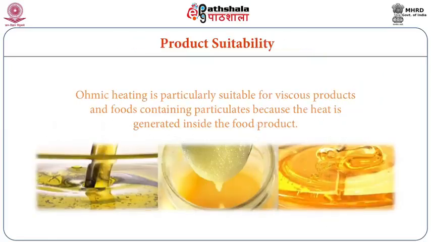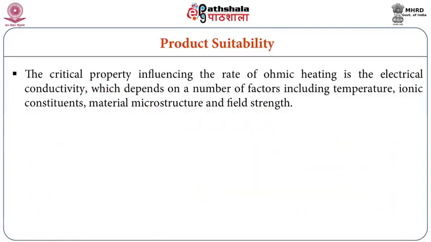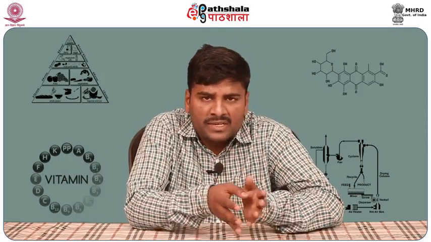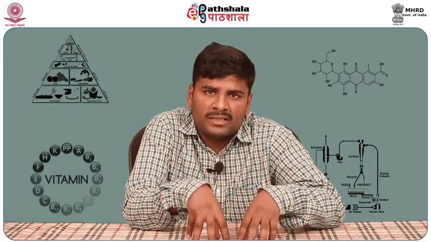Ohmic heating is particularly suitable for viscous products and foods containing particulates because the heat is generated inside the food product. The critical property influencing the rate of ohmic heating is electrical conductivity, which depends on a number of factors including temperature, ionic constituents, material microstructure and field strength. In your previous classes we discussed that in foods where particulates are present, penetration is a problem.